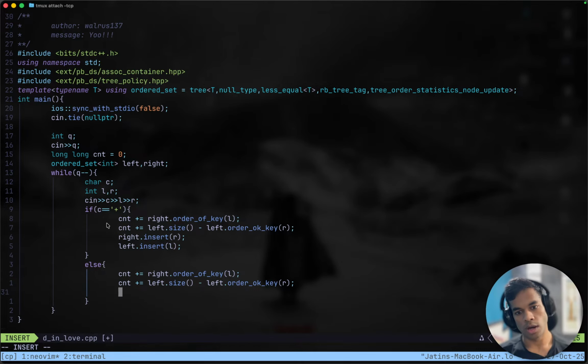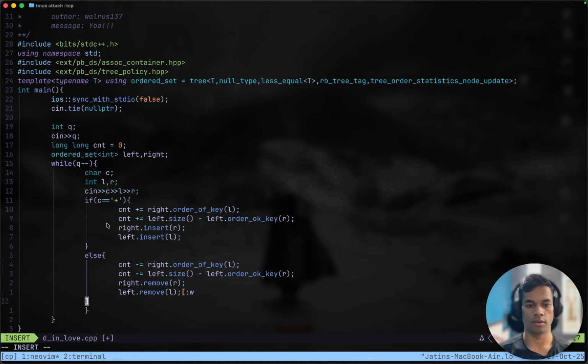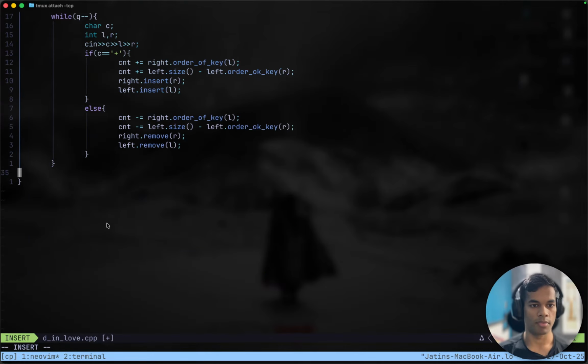So after, no, we have to like subtract. Yes, makes so much sense. And right dot remove the right number, and left dot remove the left number. And then here, if C and P greater than 0, then C out, C and P greater than 0, question mark.